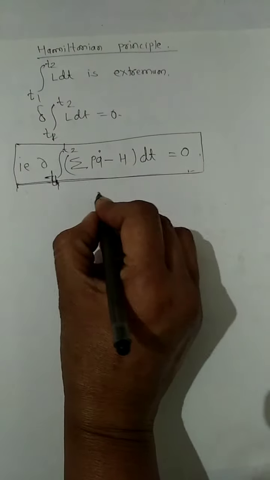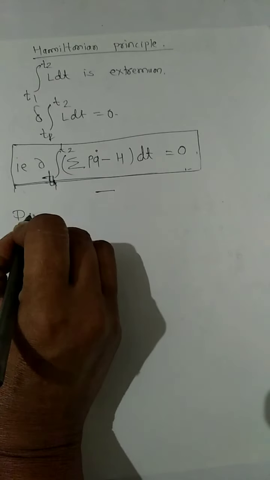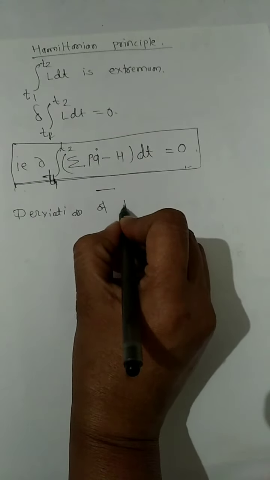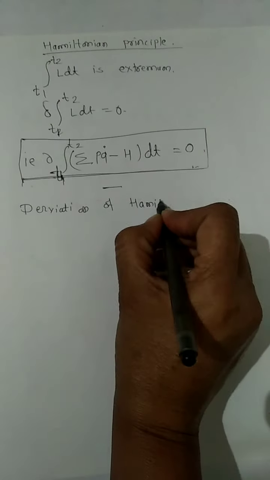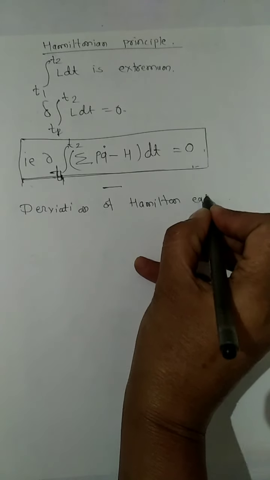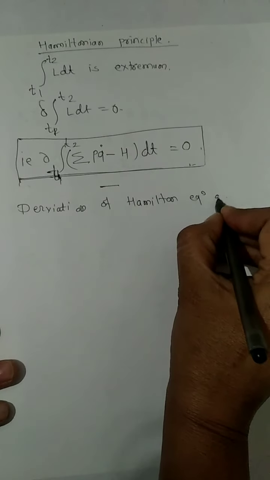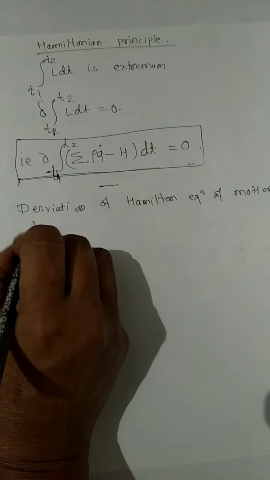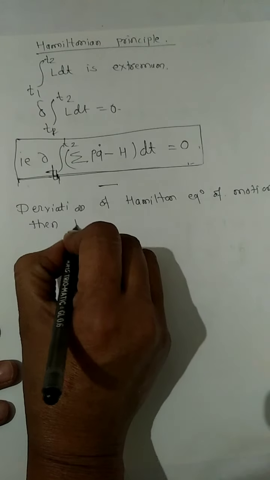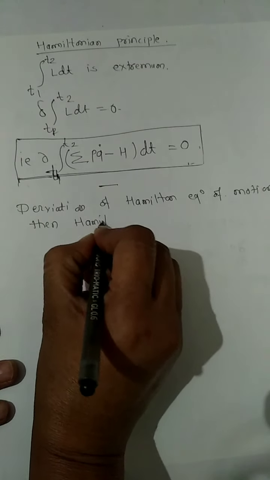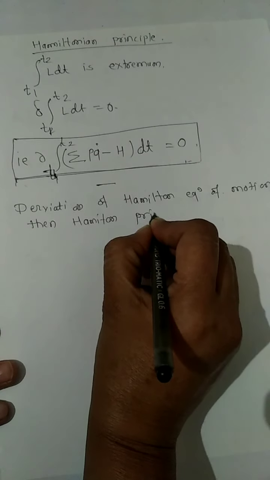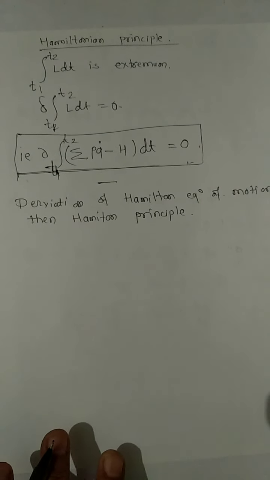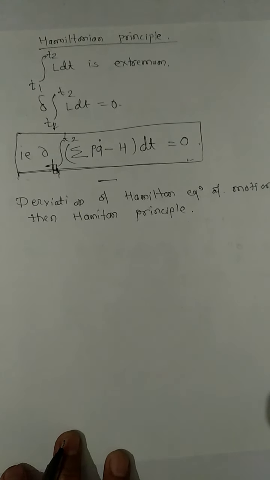Then we take the derivation of Hamilton equation of motion from Hamilton principle, means obtain the Hamiltonian equation of motion from Hamiltonian principle.